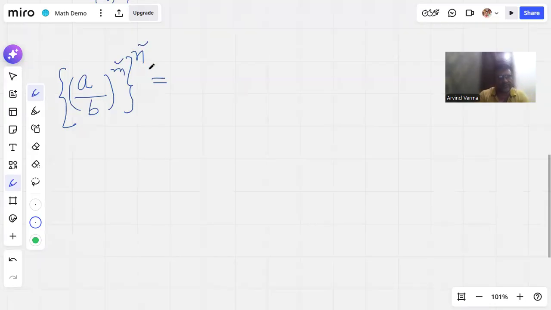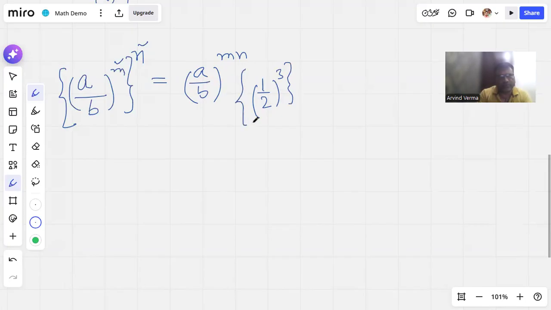In such cases, the exponents will be multiplied. a upon b raised to the power m into n means mn. Let's take the example 1 upon 2 raised to the power 3 and whole raised to the power 5. So 1 upon 2 raised to the power 3 into 5, and 3 into 5 is 15.